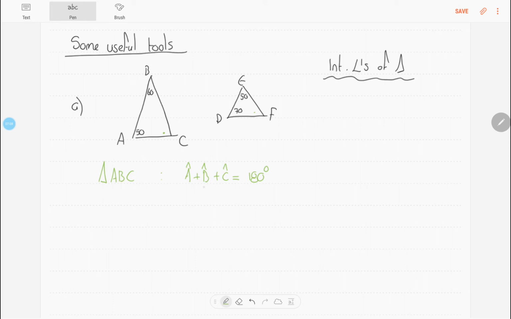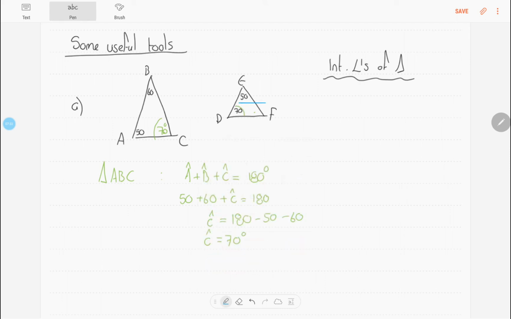Interior angles of a triangle. So we know that 50 degrees plus 60 degrees plus C must equal 180. So we get angle C is equal to 180 minus 50 minus 60, and C gives me 70 degrees. So let's fill that in. 70 degrees. Okay, cool, which is looking good because there's a 70 over there.